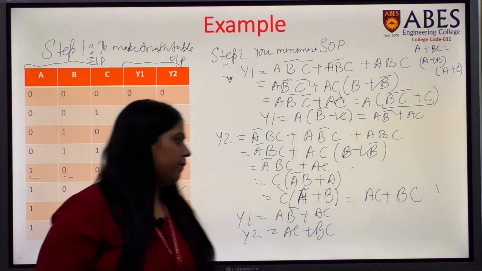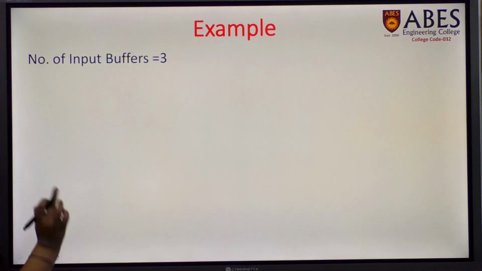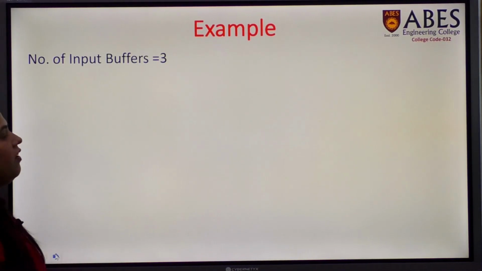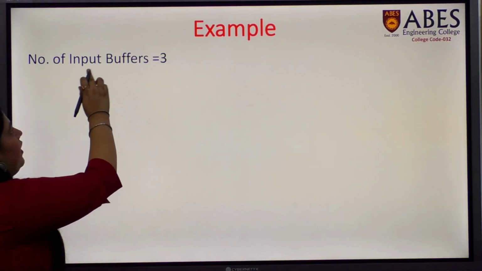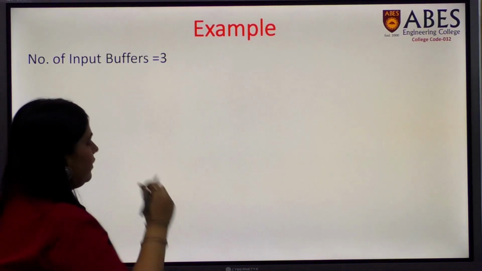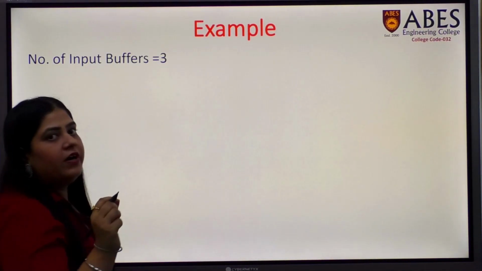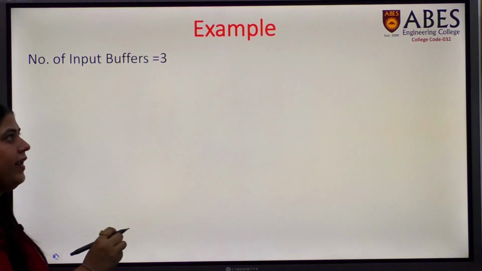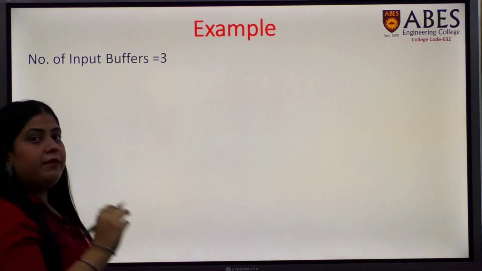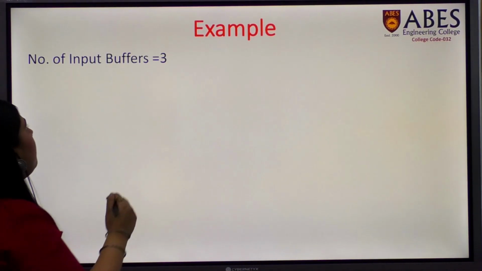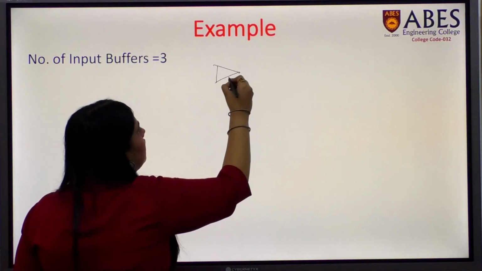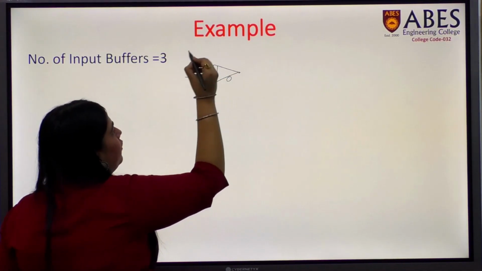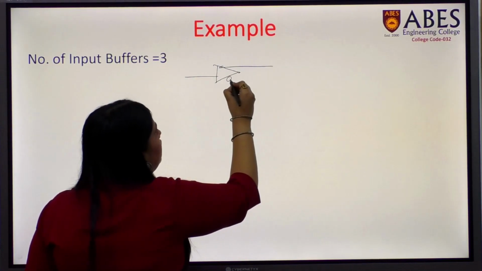Now in step 3, for the circuit implementation, we have to calculate how many input buffers we need. What is an input buffer? Basically, an input buffer is a combination of NOT gates which give the variable in both complemented and uncomplemented form. So there is one input and two outputs.